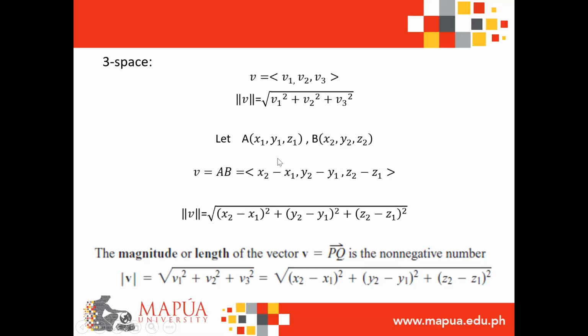Take note of that because in our example later, we will apply this formula. Again, that is v1 equating to x2 minus x1, v2 equating to y2 minus y1, and v3 equating to z2 minus z1. That involves finding the initial point or the terminal point of a given vector.